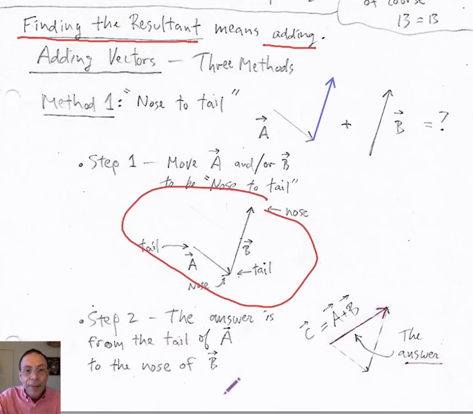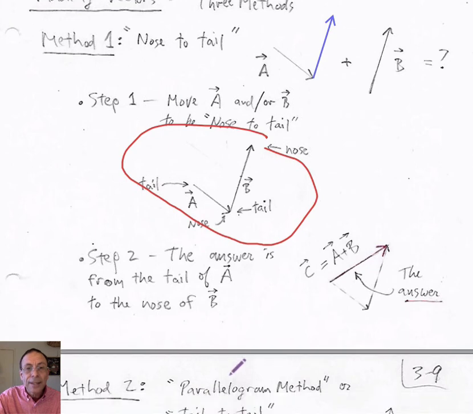Now, the next step in this process is to draw a new vector from the tail of A to the nose, the tip of B. So you're drawing it, it's going to end up looking like this. So here's the tail, here's A, you're going from the tail of A to the tip of B. Or I could have done it up here.